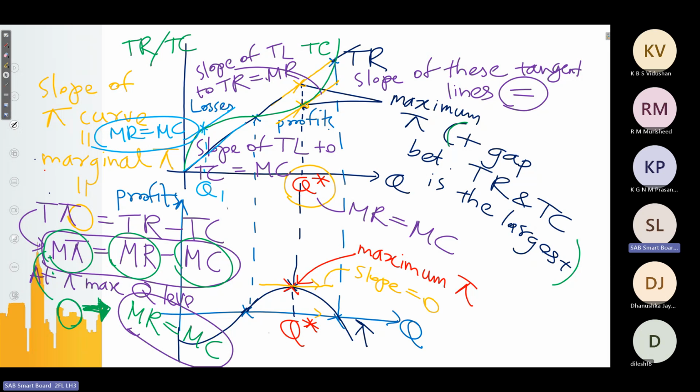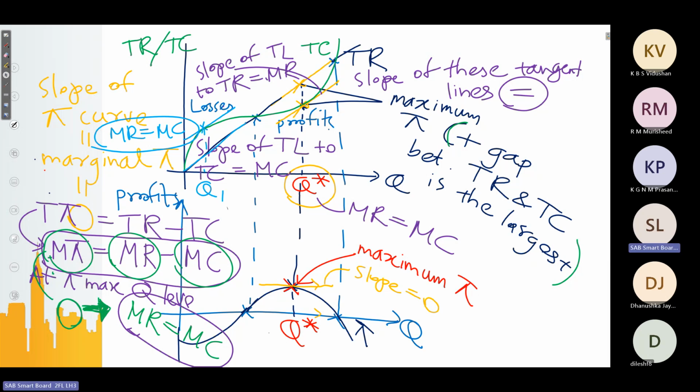So MR equals MC condition is a necessary condition but not sufficient. Because in all cases where MR equals MC condition is satisfied, they are not profit maximizing.